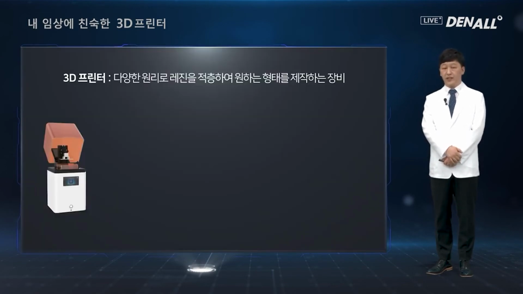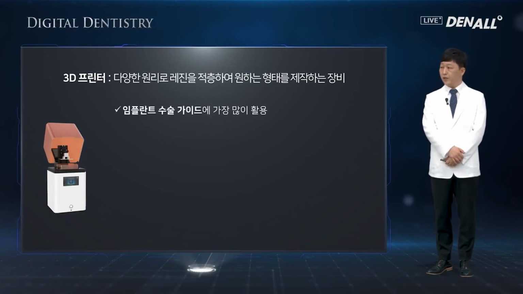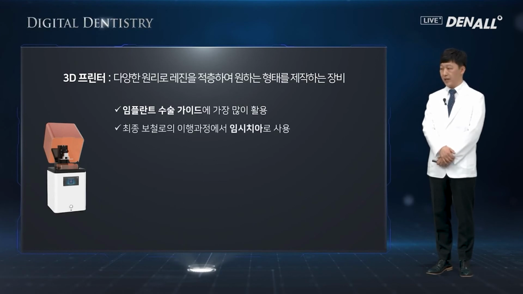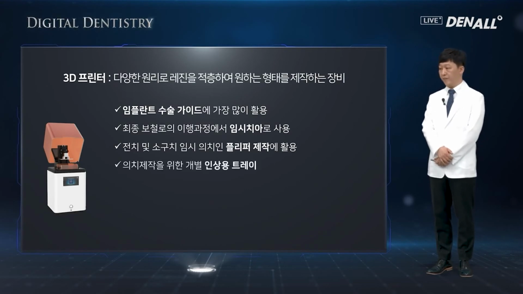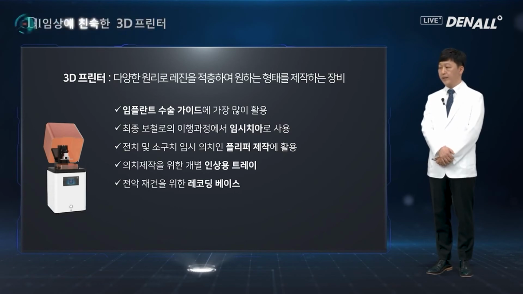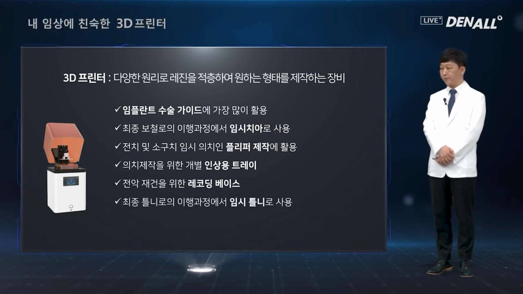Lastly, let's summarize about the 3D printers. The 3D printers can be widely used to fabricate an implant surgical guide, temporary teeth, flippers, and individual impression trays. Also, a recording base. It can be very useful.